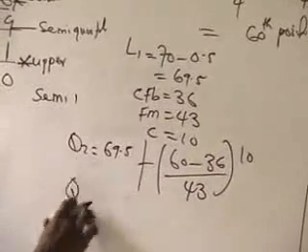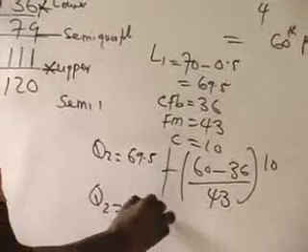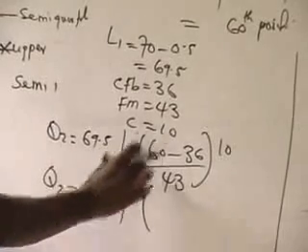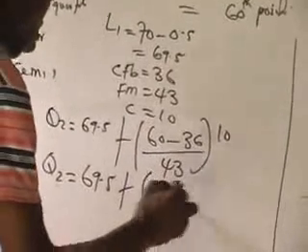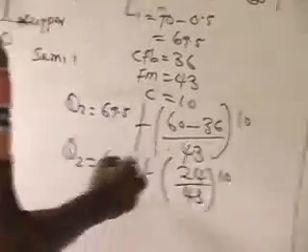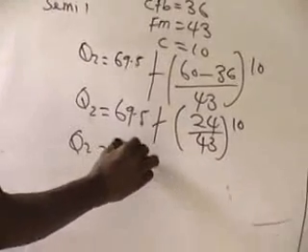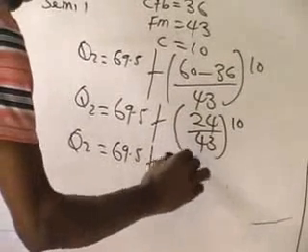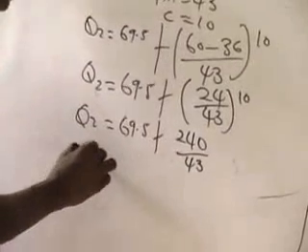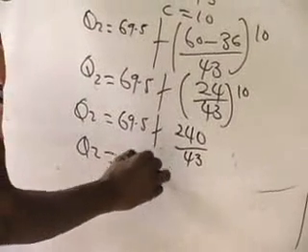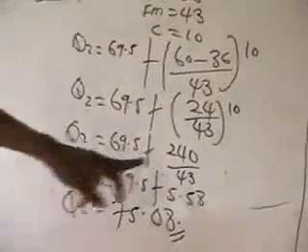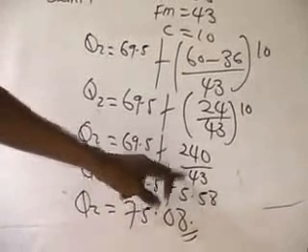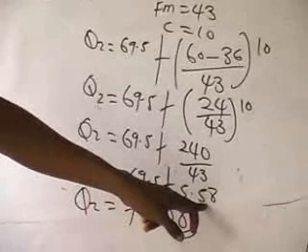So Q2 equals 69.5 plus, 60 minus 36 gives us 24, over 43, times 10. So Q2 equals 69.5 plus 240 over 43. 240 divided by 43 gives us 5.58.